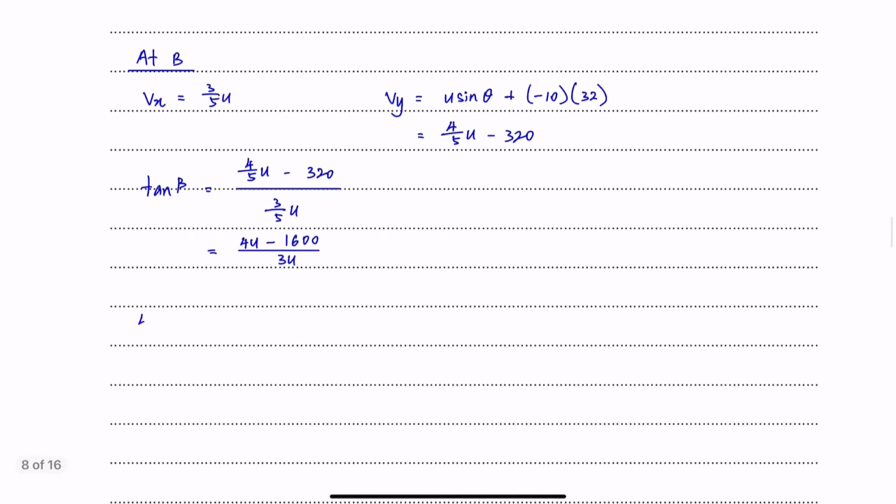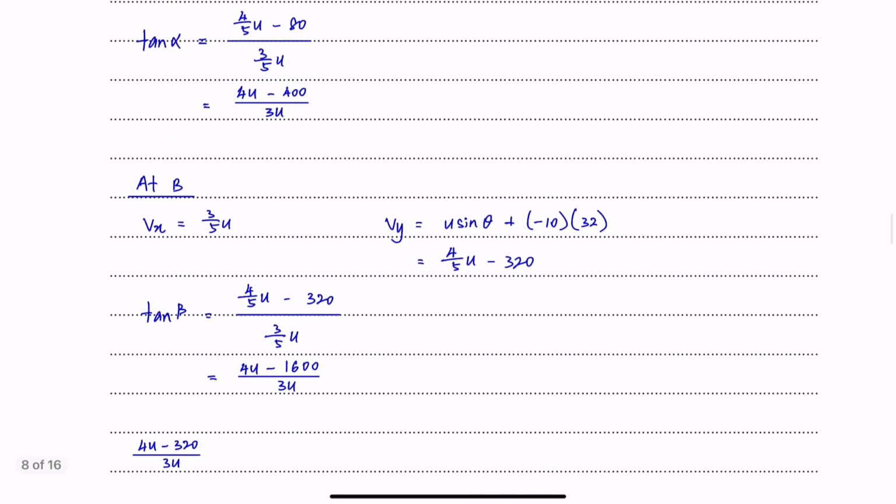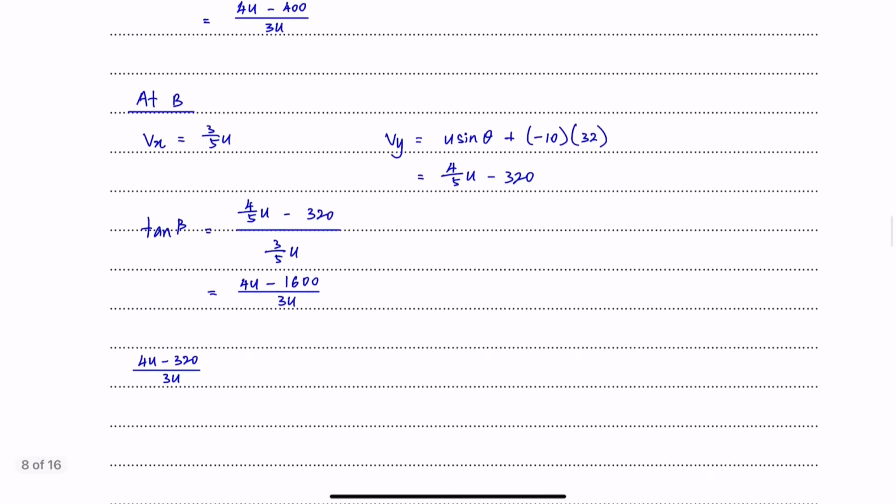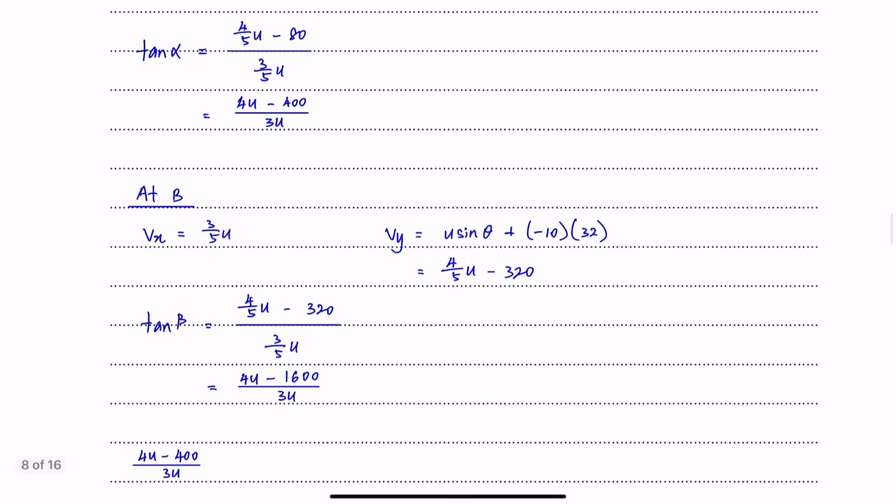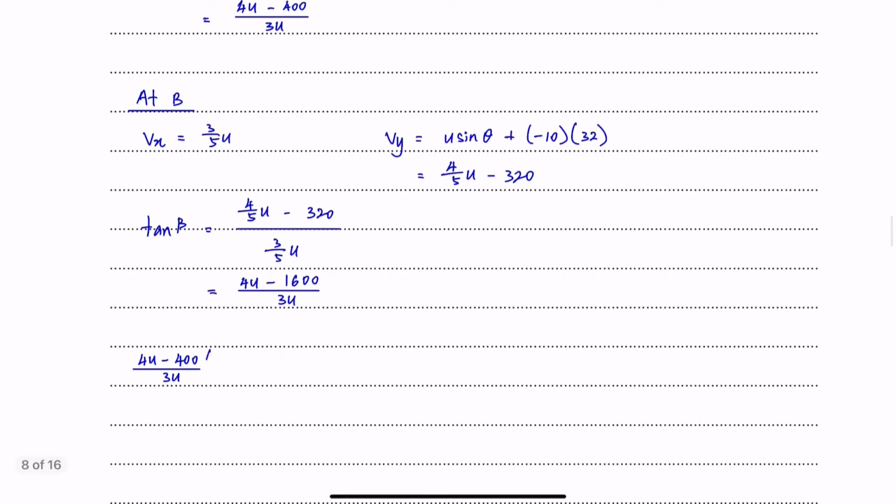So we have (4u minus 400) over 3u, sorry, this would be 400, times (4u minus 1600) over 3u, equals negative 1.